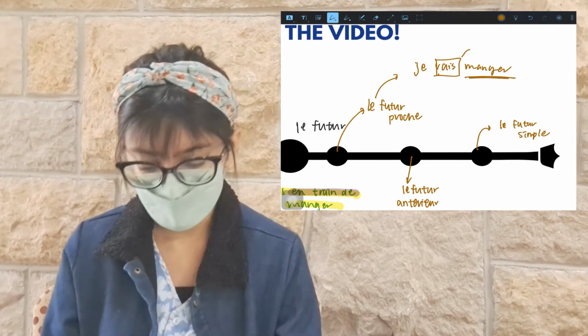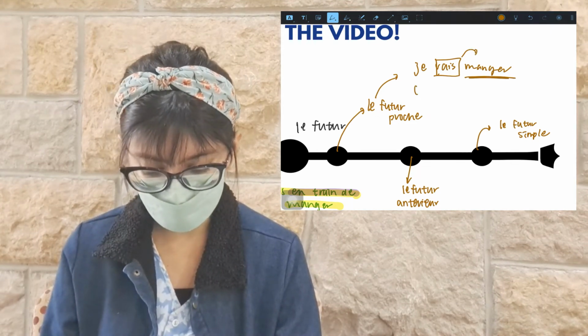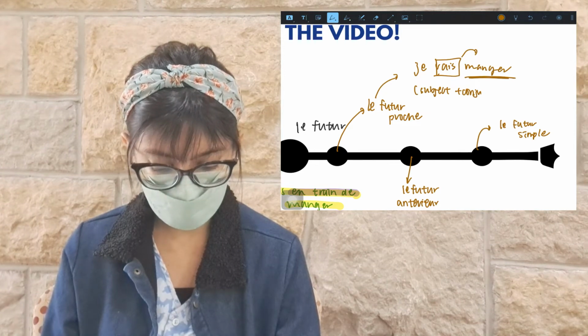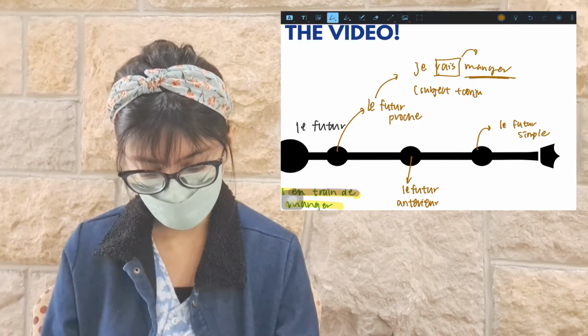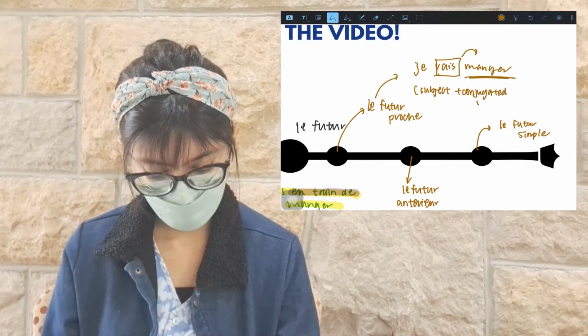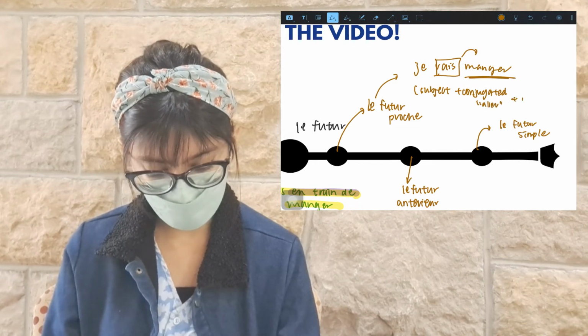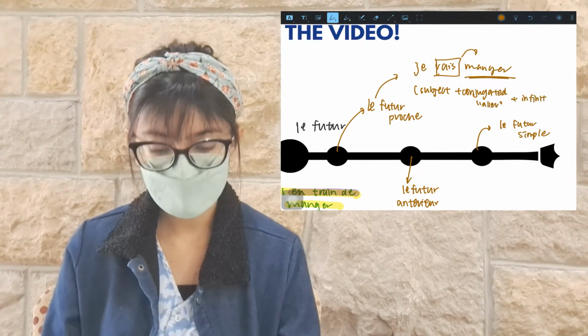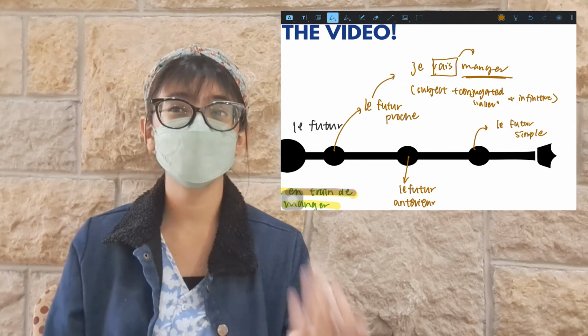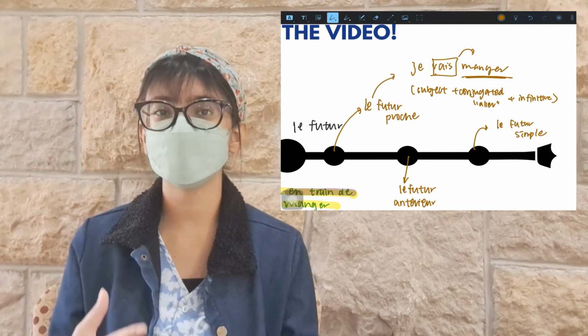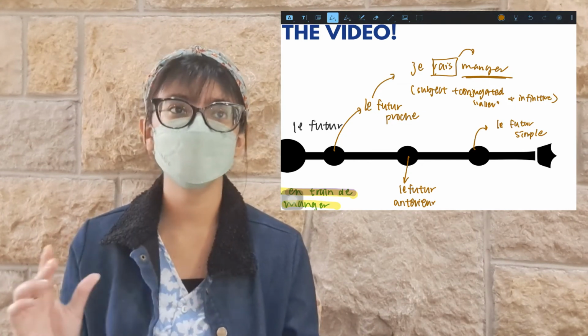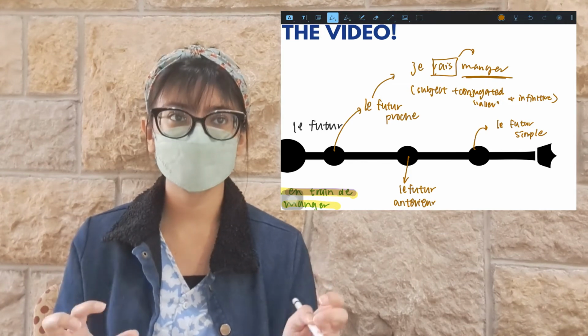In general, you have your subject plus your conjugated verb aller plus your infinitive. This is a specific structure that you should try to follow, and it will help you a lot when you're creating future tenses.